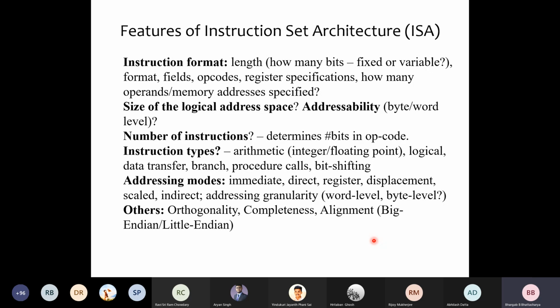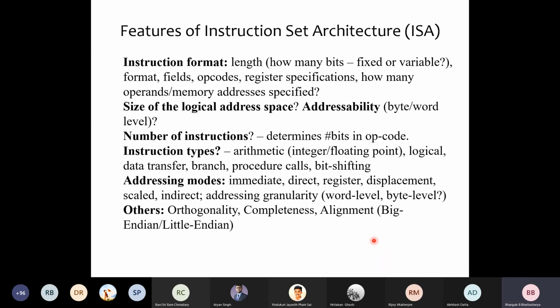There are a couple of other issues, like orthogonality, in the sense that the different instructions must be orthogonal in nature. That means that their operations should not overlap too much. Instructions should be independent of each other. Otherwise, there will be redundancy. And obviously, the set of instructions must be complete.